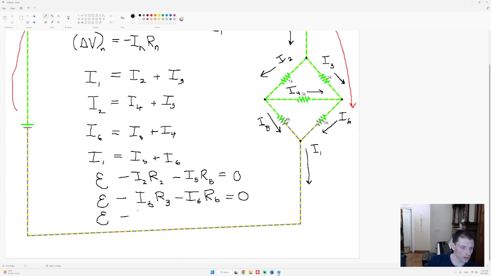So this is going to look like EMF minus I2 R2 minus I4 R4 minus I6 R6 equals 0. So this is basically the list of equations we're going to need to work with to figure out what these numerical values are. Okay.